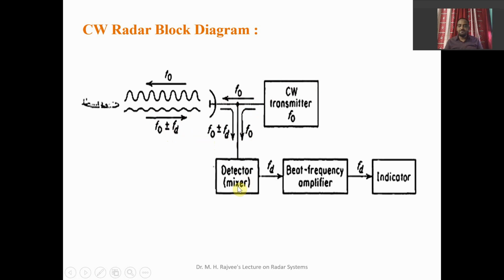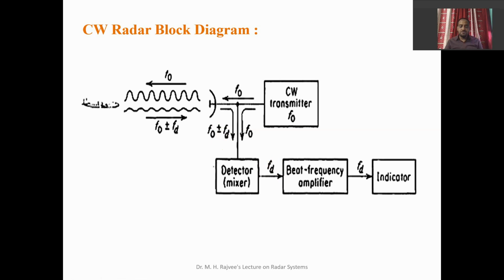The mixer heterodynes both inputs, and in the result the F0 gets cancelled with the F0 in the echo signal, and the result is plus or minus Fd, which is nothing but Fd. So after the mixer, the frequency has become Fd, which corresponds to the relative velocity of the target with respect to the radar system.